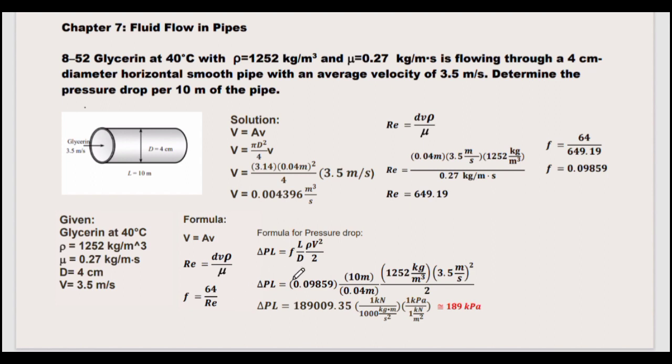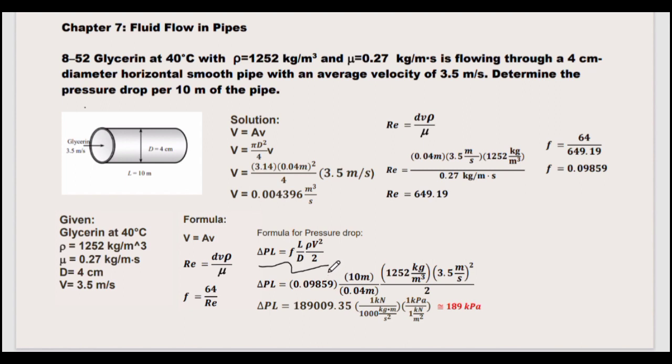Our formula for the pressure drop is the same as getting the head loss: the friction factor times the length over diameter times the density times the velocity squared over 2.